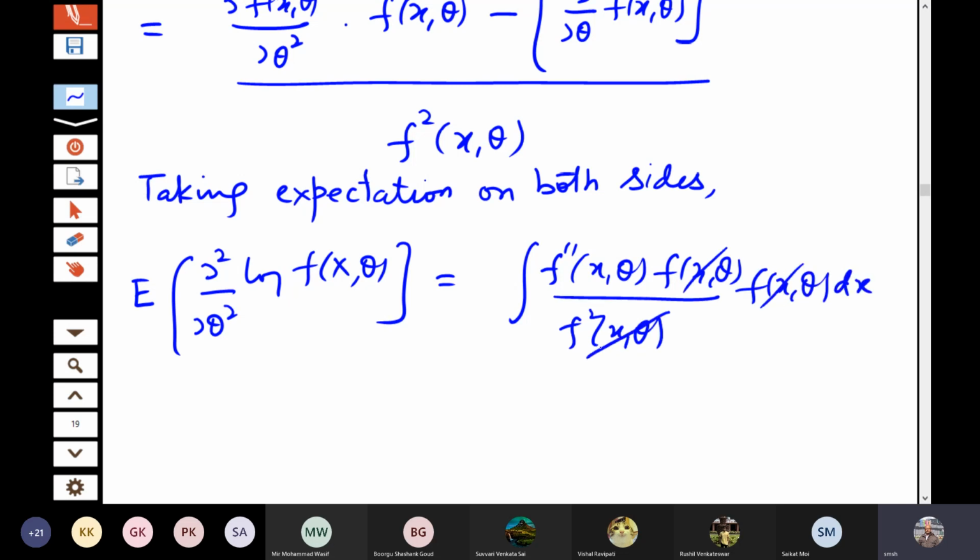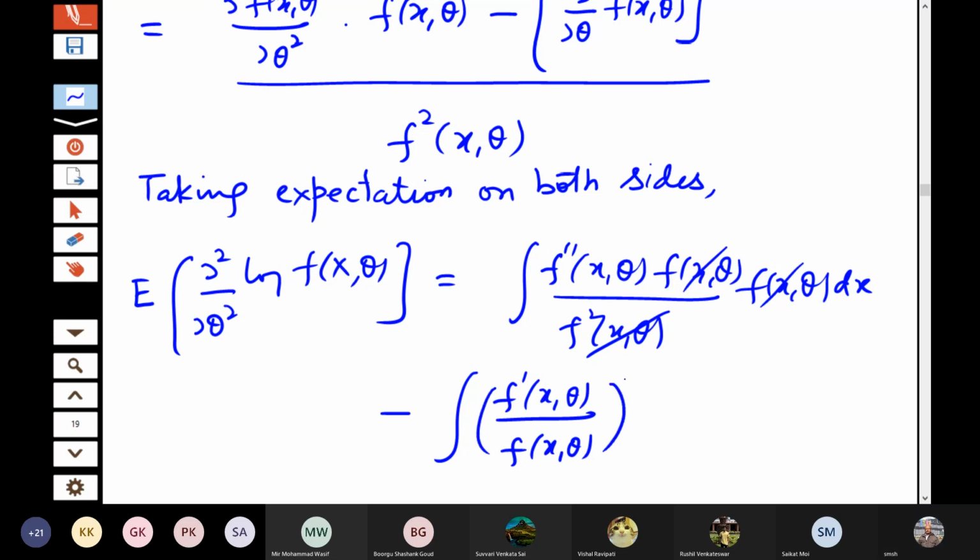So this term gets cancelled out. Minus the integral of (f'(x;θ)/f(x;θ))² f(x;θ) dx.